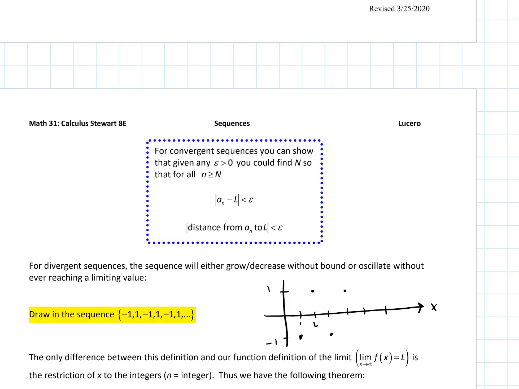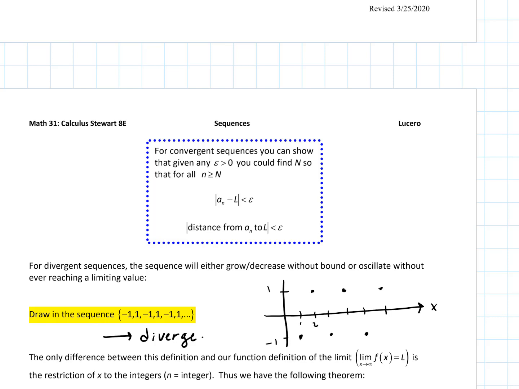And this sequence is diverging. It's just oscillating back and forth between -1 and +1. It's never going to come within an epsilon neighborhood of a single value because it's flip-flopping between +1s and -1s.